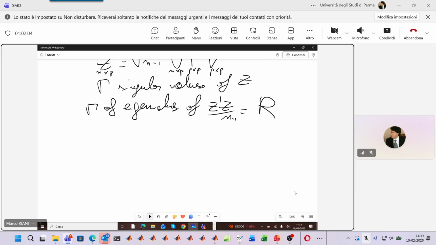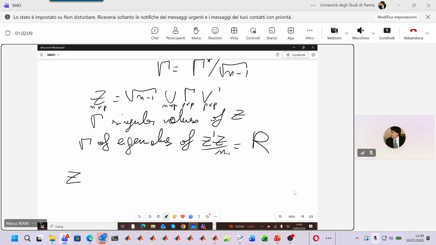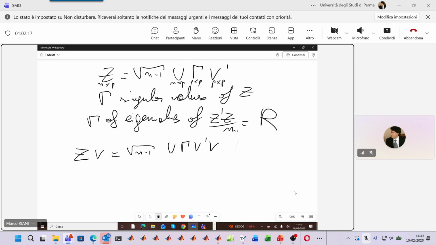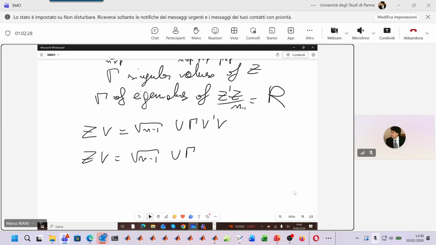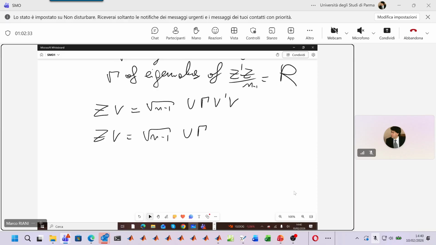Okay. Now, Z times V, the matrix of principal components, is U gamma V prime V. So therefore Z times V is equal to this quantity here. Okay, matrix V is orthogonal. What is the covariance matrix of this quantity here?